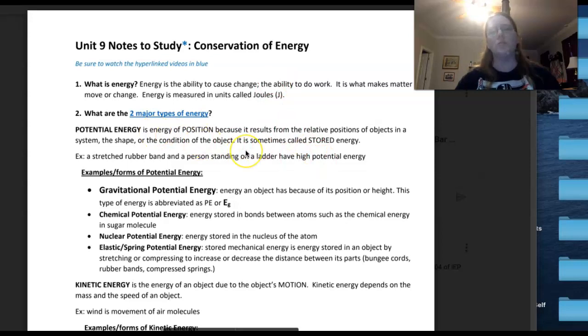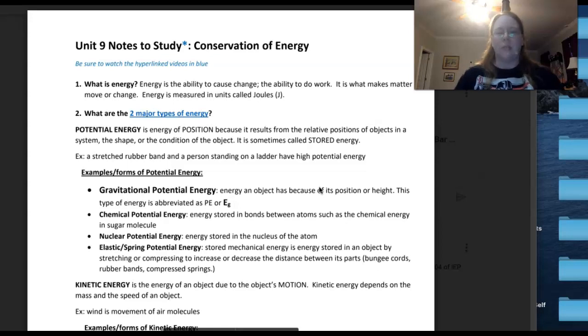All right, two major types of energy. We have potential energy. It's the energy of position. It is a stored energy most of the time. The one that we talk the most about is gravitational potential energy. So being up above on a ladder or on a roller coaster, a stretched rubber band has stored energy in it.